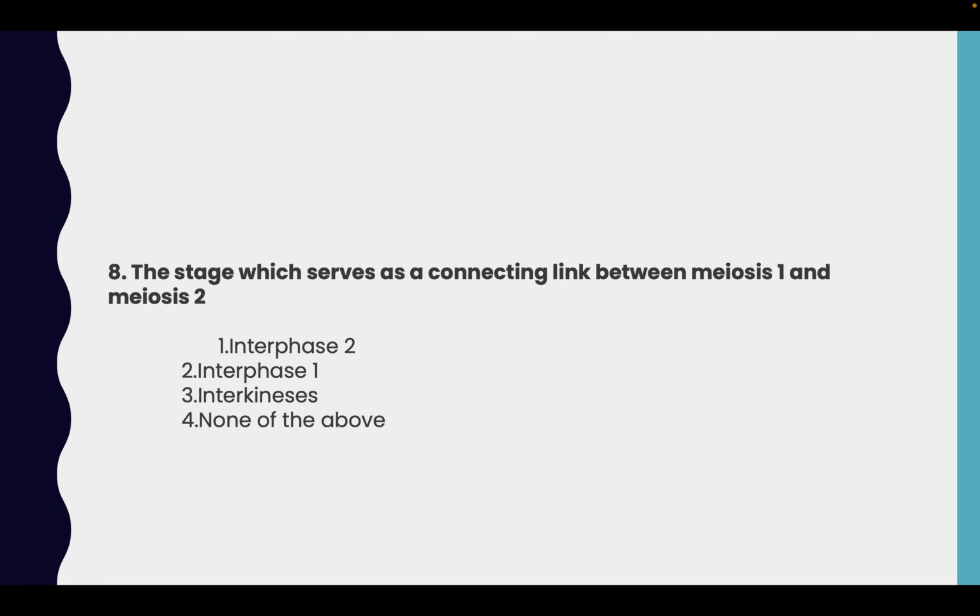Everyone? Yes, ma'am. The stage that serves as a connecting link between meiosis 1 and 2 is interkinesis, which is a short resting phase between two meiotic divisions where no DNA replication occurs. Okay, and it allows the cell to prepare for the second meiotic division by disassembling the spindle fibers from the first division and reassembling new ones. So this phase is interkinesis.